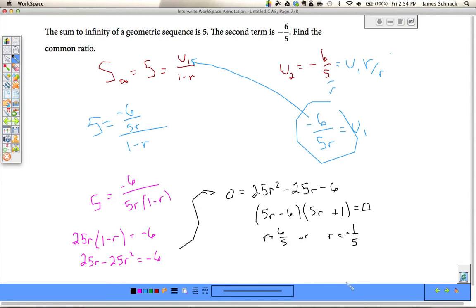And you're thinking, great, there's two solutions, this is crazy. But there's not two solutions, ladies and gentlemen. This sum to infinity only exists provided that the common ratio is between negative 1 and 1. The absolute value of R must be less than 1. So that means 6/5 is out, and the only solution is that R is negative 1/5.